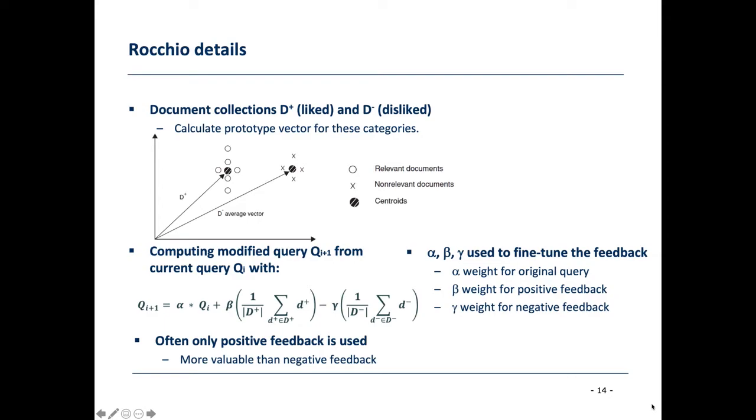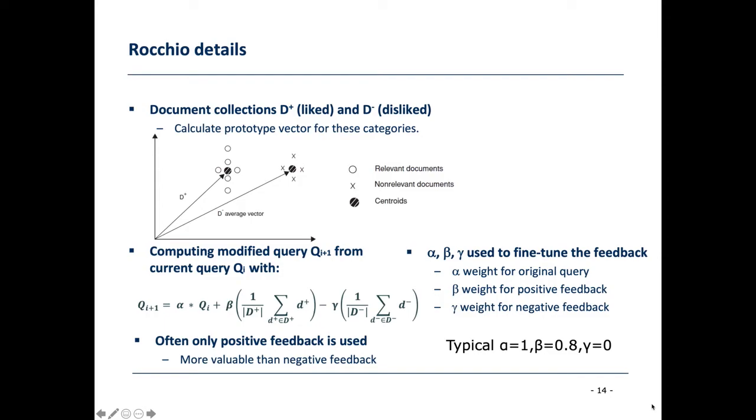There are a number of hyperparameters here, alpha, beta, and gamma. These are typical values. In this case, they don't include the documents that have negative feedback, but if they were, you would imagine that the novelty introduced by those negative feedback documents would be quite small. But the purpose of adding in that query component is to introduce novelty.